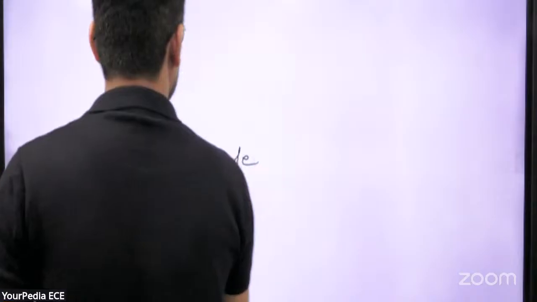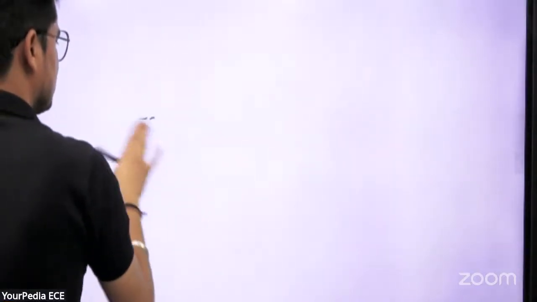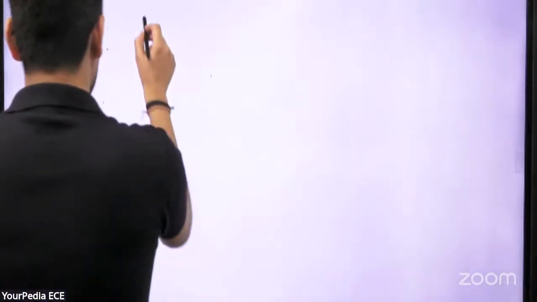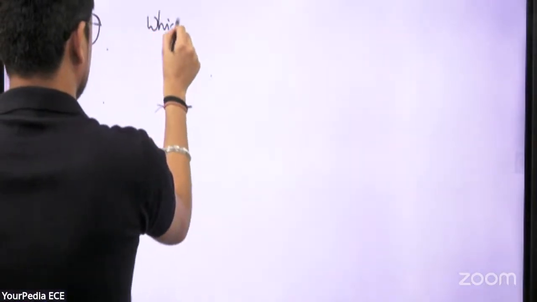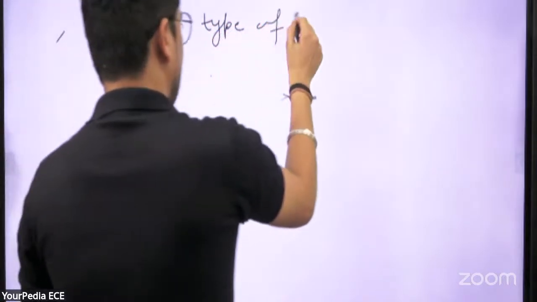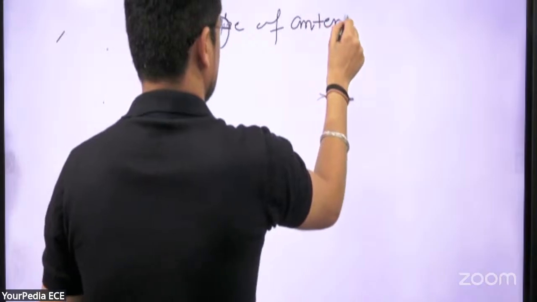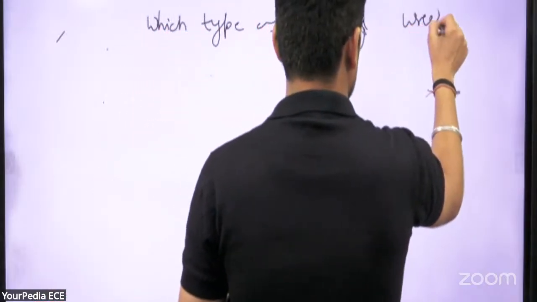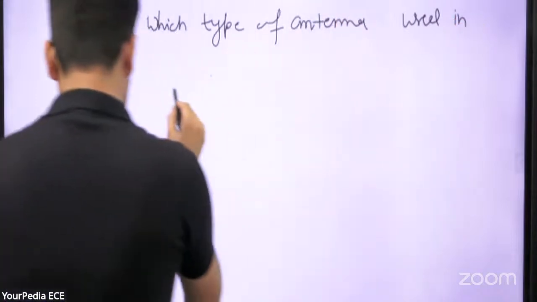When you see some space vehicle launches, you can see there are several antennas being used there, right? That will be a parabolic antenna. So what was the question? Which type of antenna is used in satellite communication?